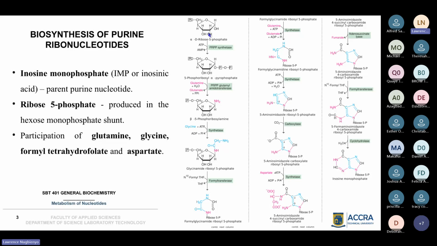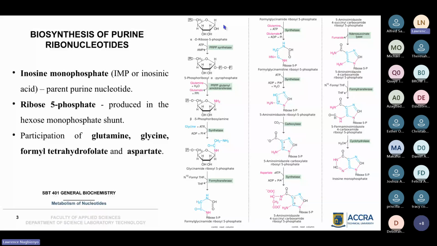So the very first thing you see at the top is the ribose 5-phosphate, the very first molecule. Where do you get the ribose 5-phosphate from? Remember when we were doing metabolism of carbohydrates, one of the pathways that we briefly looked at was the pentose phosphate pathway, which is also known as the hexose monophosphate shunt.